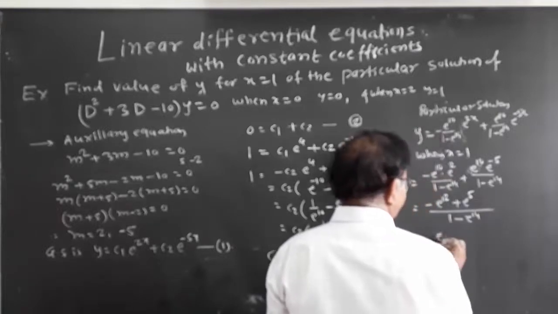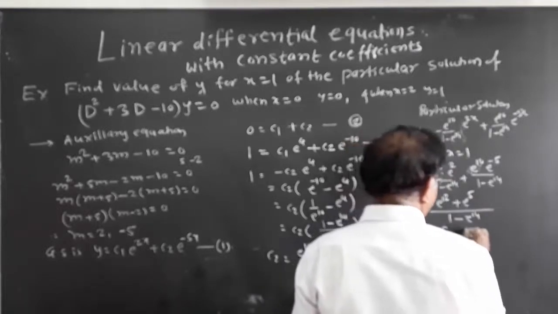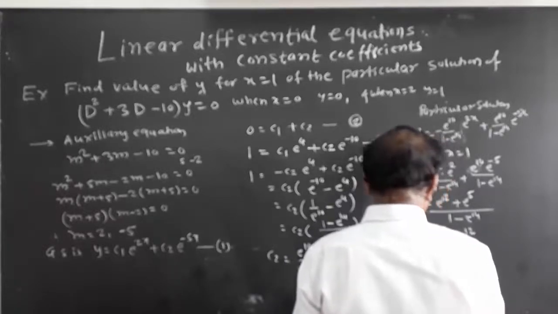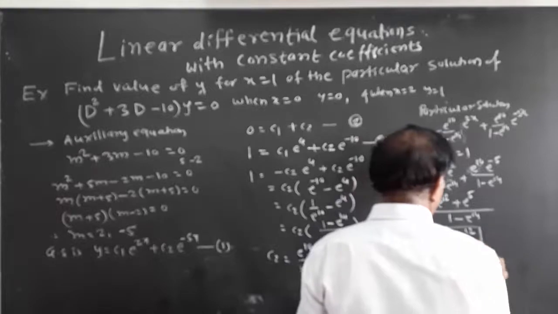That is nothing but e raised to 5 minus e raised to 12 divided by 1 minus e raised to 14. This is the value of y when x equal to 1.